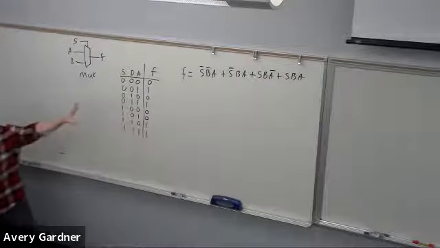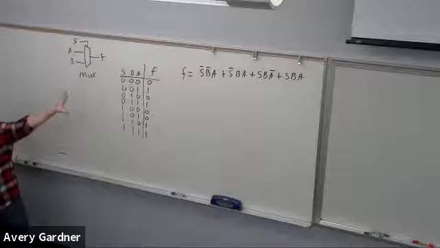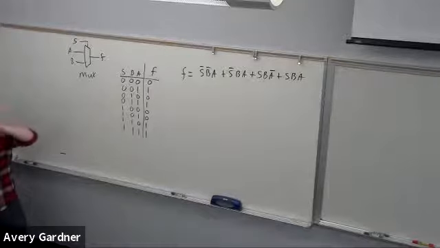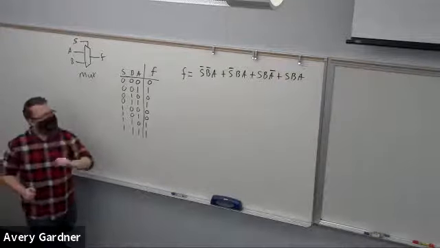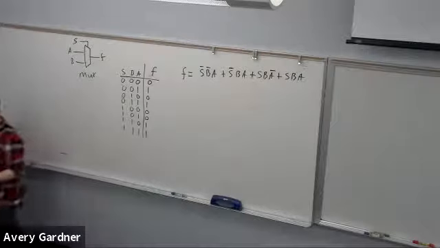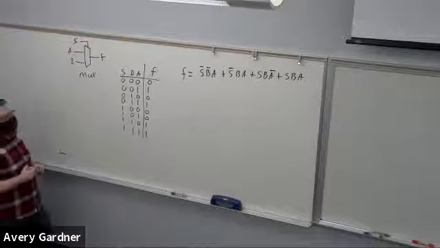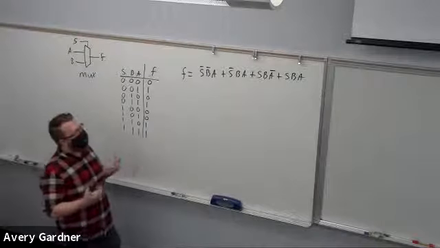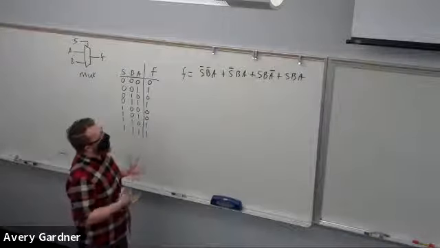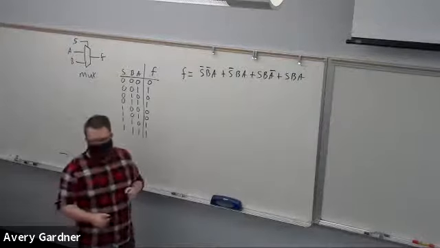Right, and then I just string the min terms together with ors. Did I get those right? Did you guys get those right? Okay, and now that we have an equation, we know how to simplify this. Well, hopefully we do. We can start looking for terms that we can simplify.